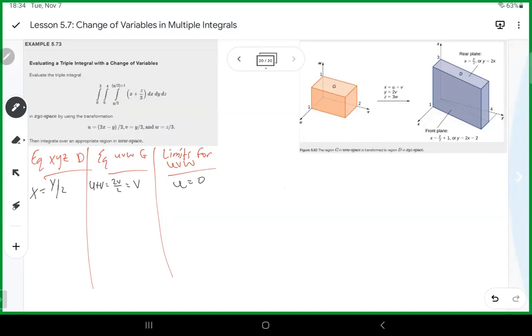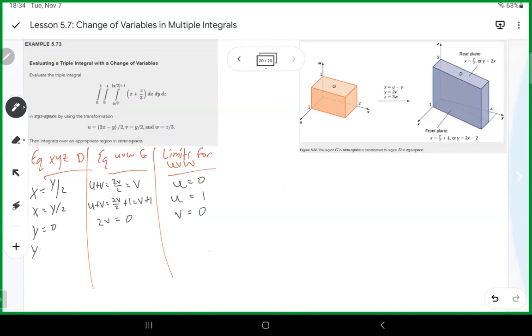We also have x equal to y over 2 plus 1, which is u plus v equal to 2v over 2 plus 1, which is v plus 1, which is u equal to 1. We have y equal to 0, 2v equals 0, v equals 0.